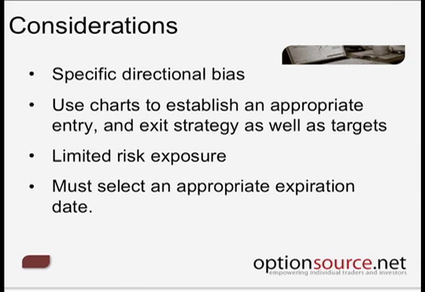So, a general rule of thumb that we consider when we're looking to establish a trade with a directional bias, and again, this goes with stocks, indices, currency options, what have you, is that we want to make sure that we select at least 3 months for a move to take place.